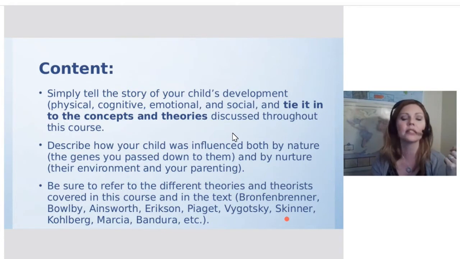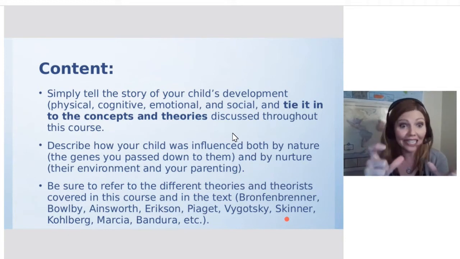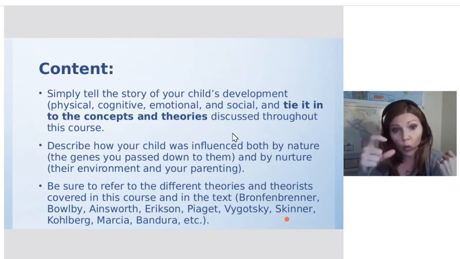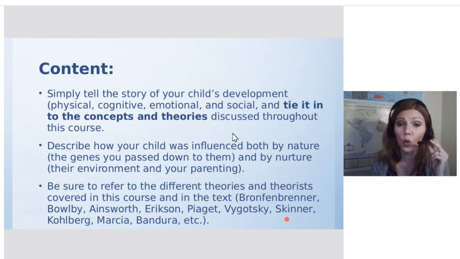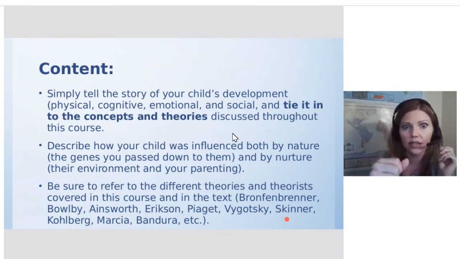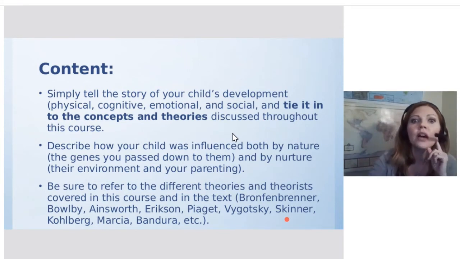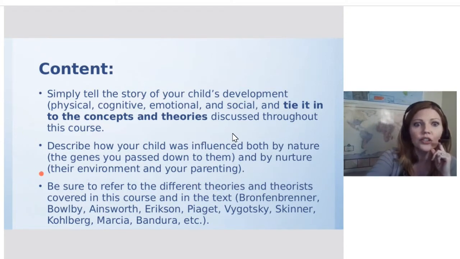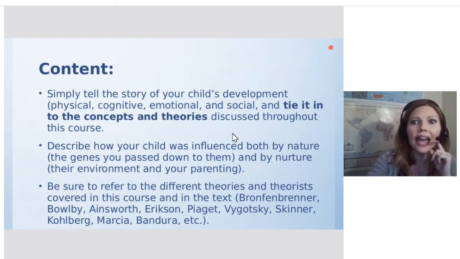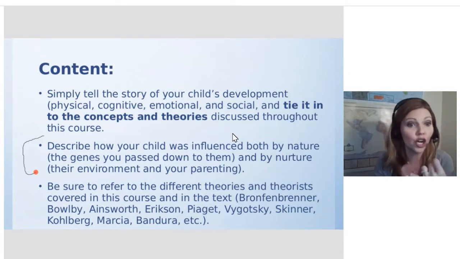It is absolutely imperative. Okay, a whole 20 points of your paper is going to be, did you list the theories and the theorists in this bullet point? And did you give me enough of them? 20 points out of your whole score. So really pay attention to this. Okay, also, you need to describe how your child was influenced both by nature and nurture.